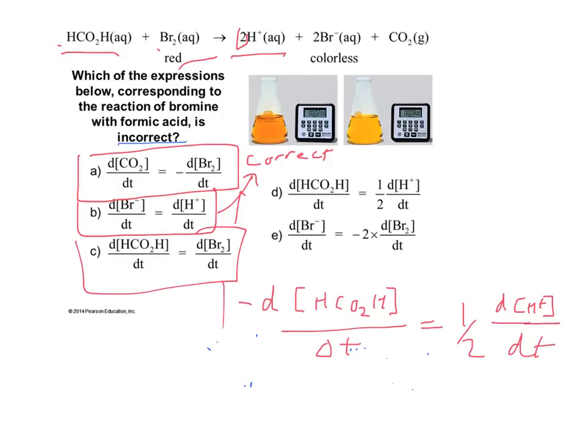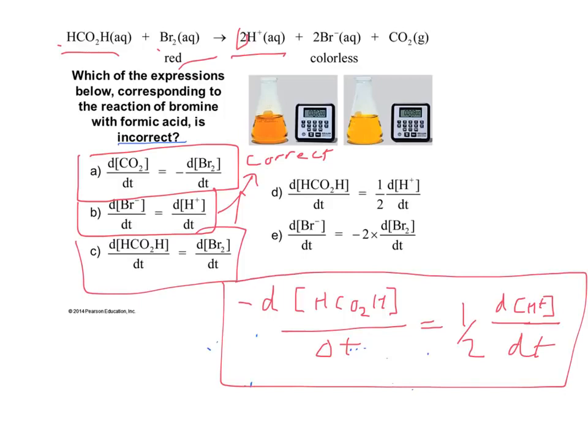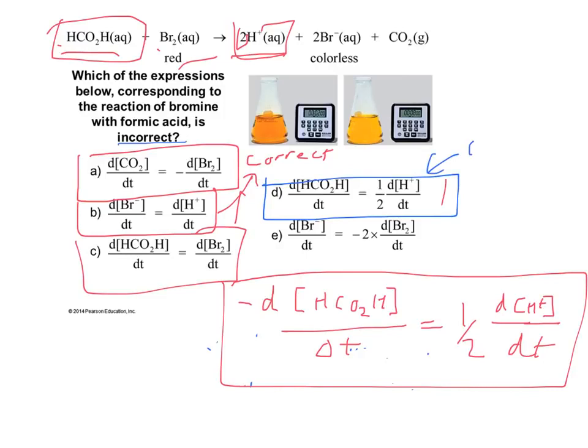So look what we wrote. What's missing from this expression right here? The negative sign, right? This is a product, so it's increasing. This is a reactant, so it's decreasing, so they have to have a negative sign there. So they messed up. That's the wrong one.